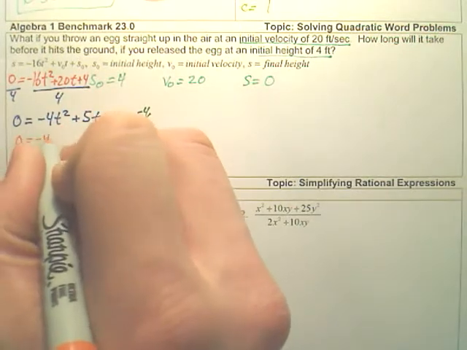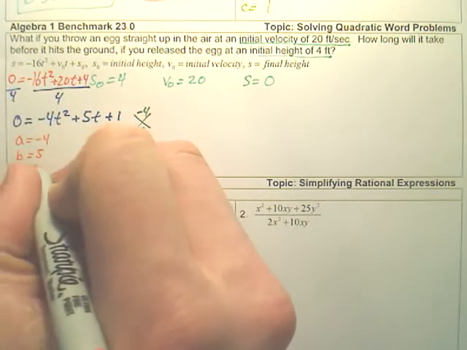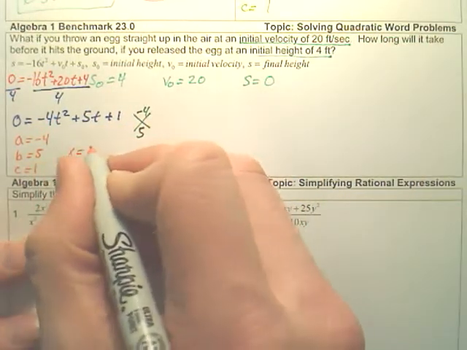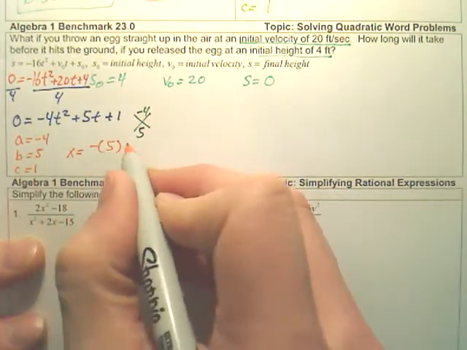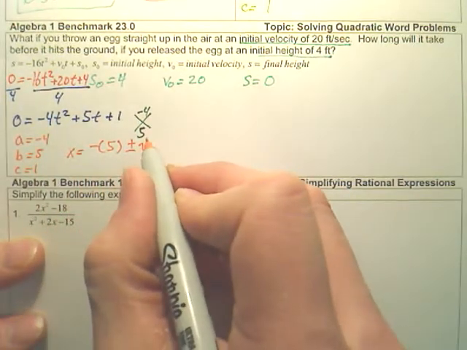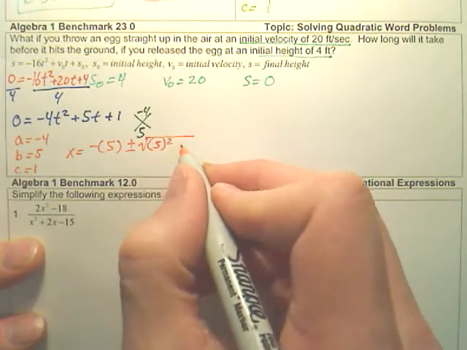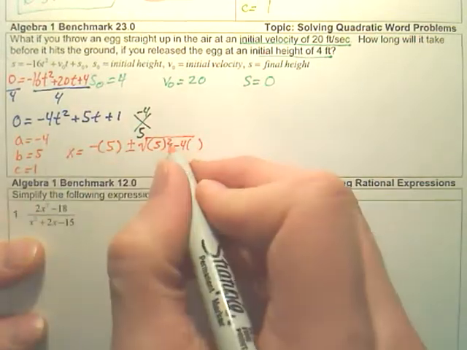My A is negative 4. My B is 5. My C is 1. So we have x equals the opposite of B. B is 5. Plus or minus the square root of B squared minus 4AC. A is negative 4.